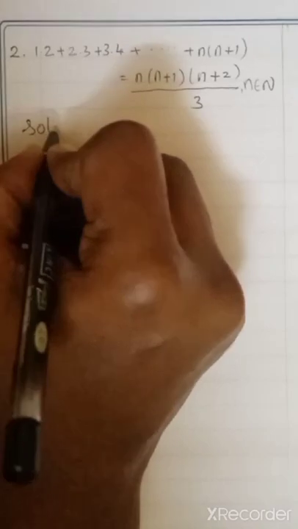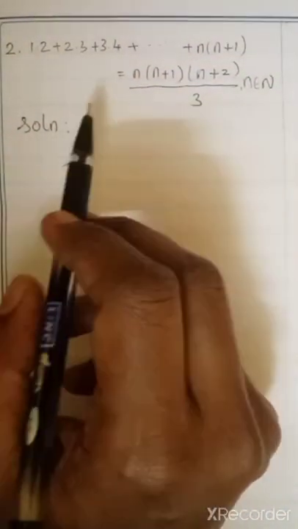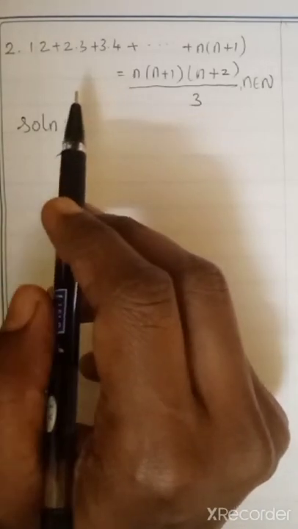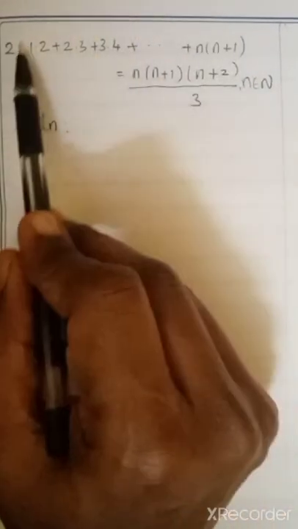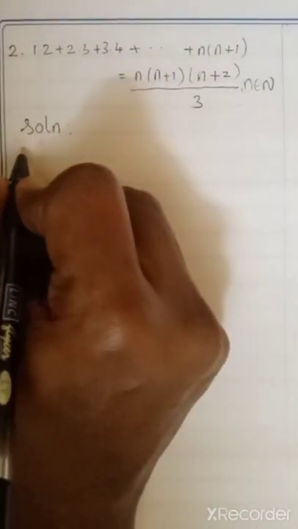Now, can you tell me what is the first step? Just try by yourself, then only it is easy to do the problem. Yes, whatever the question is given, the whole question you have to take as P of n. Very good.